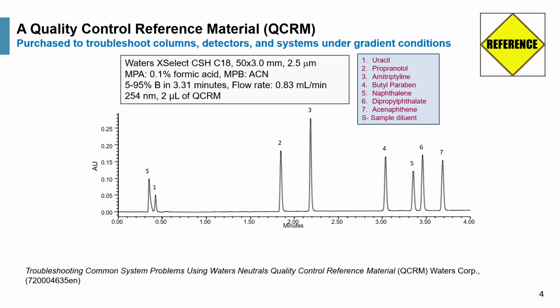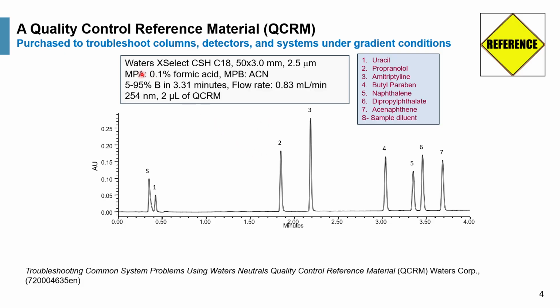Here's an example of the quality control reference material, which is marketed by Waters Corporation, shown here with a chromatogram. The kit came with a column, also the sample, which has 7 pharmaceutical compounds shown here, and a reference standard with some documented parameters.